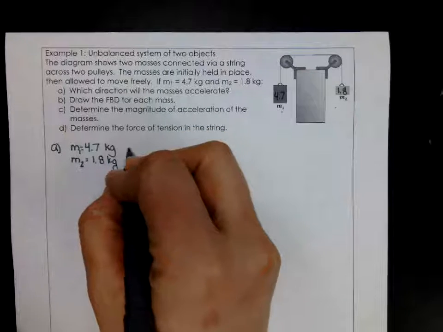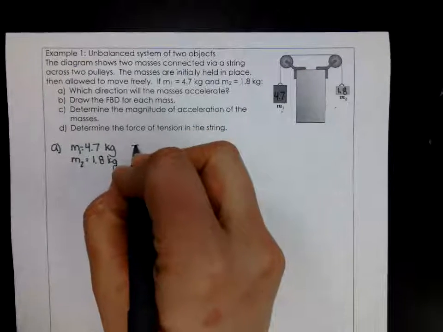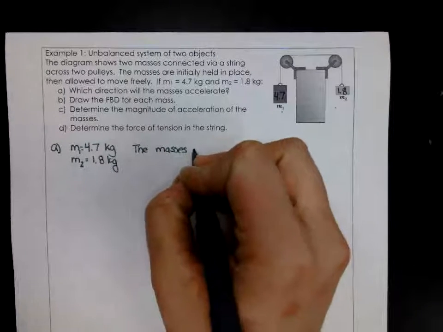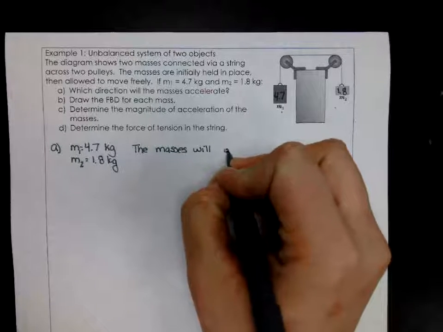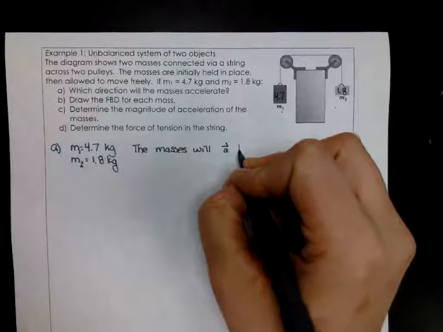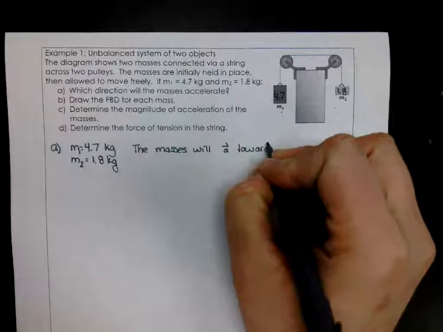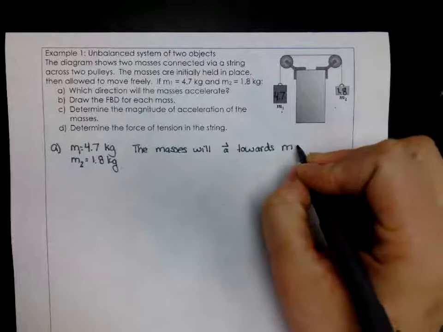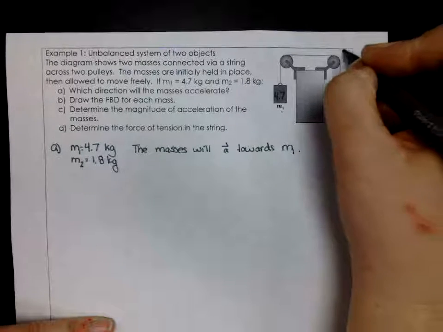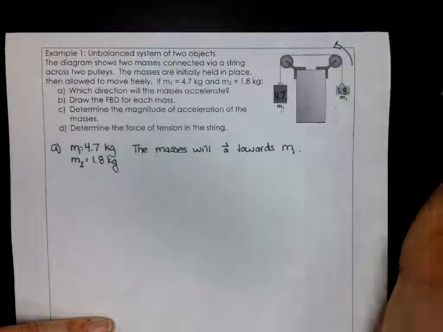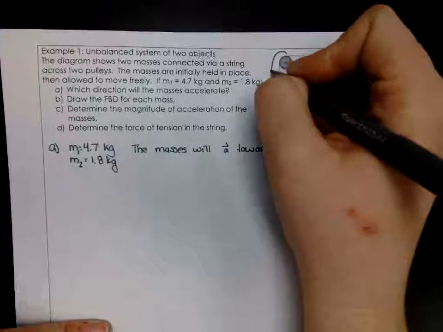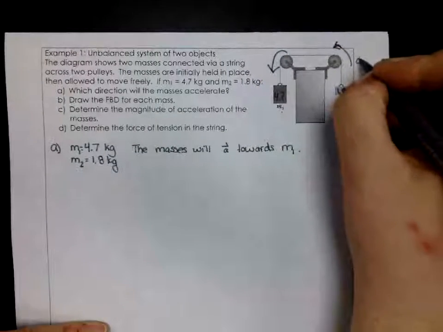Because this is heavier, the masses will accelerate towards mass 1, meaning mass 2 is going to accelerate up and over. I guess I could draw a better arrow. Mass 1 is going to go down. So these are our accelerations.